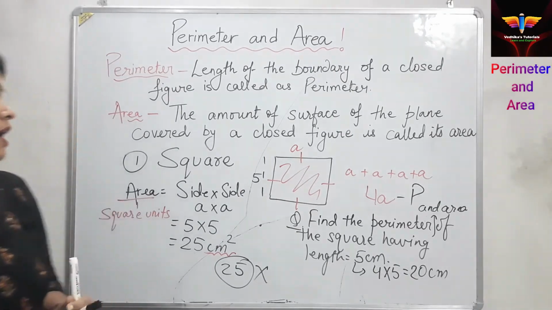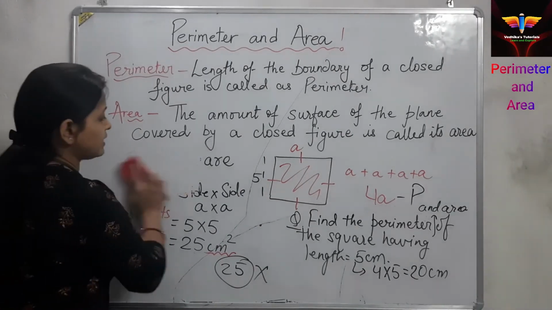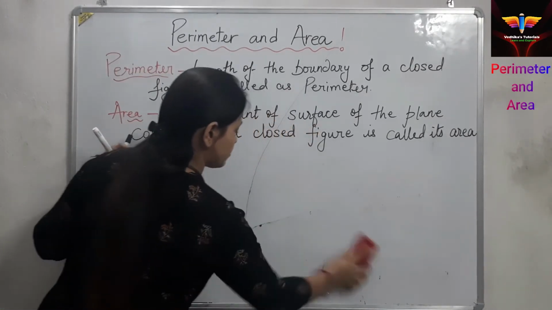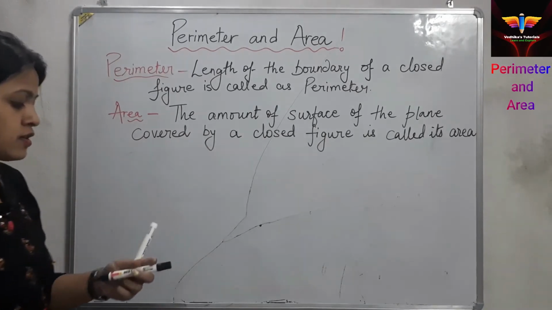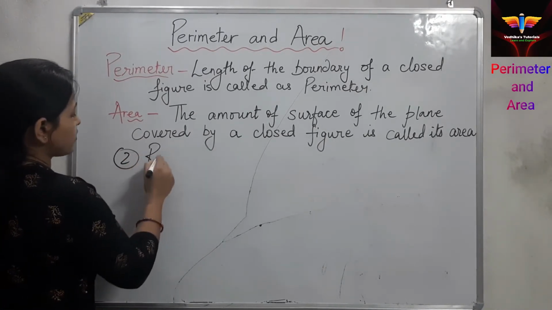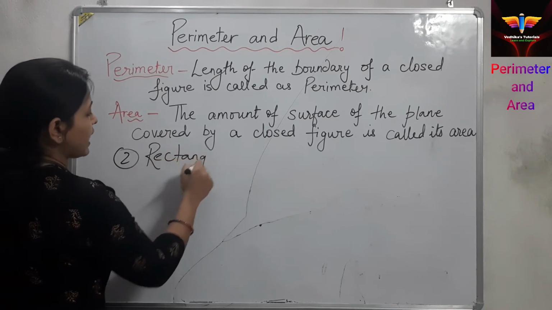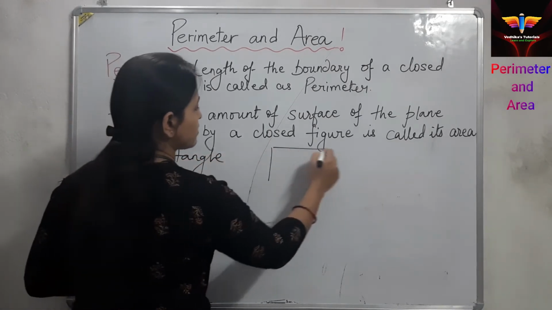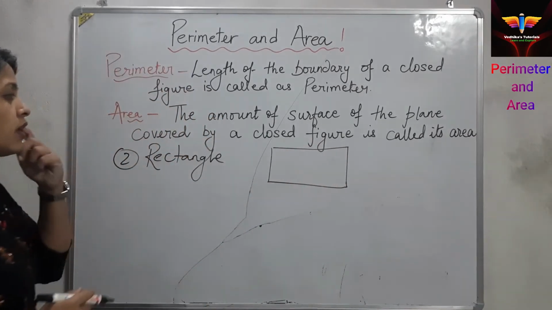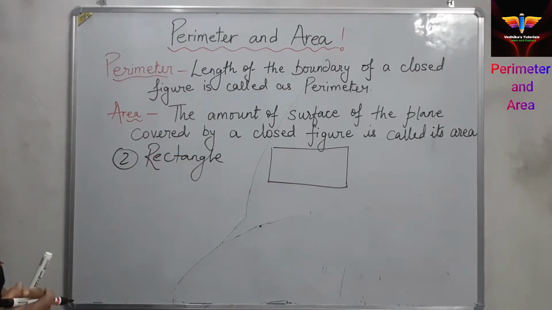So let's talk about rectangle, that is the second figure. In the same way, the second figure we have taken is rectangle. Okay, suppose that this is a rectangle I have drawn over here. Now first of all we need to find the perimeter.